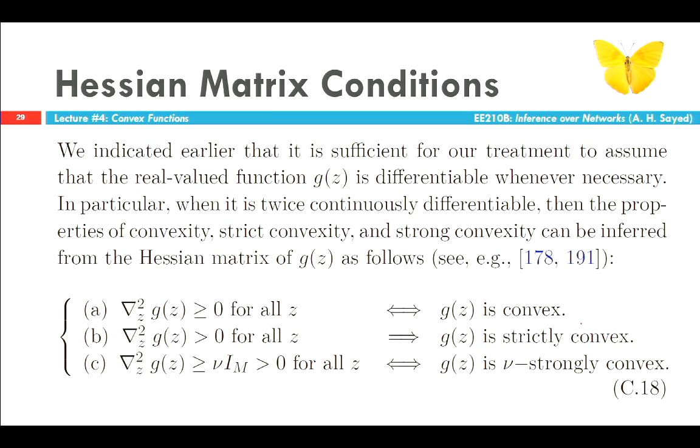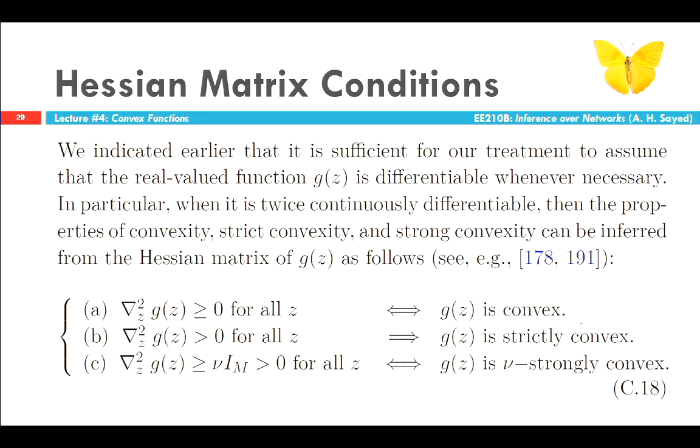You are essentially saying the Hessian matrix is bounded from below, so if you need to invert it, for example, it is invertible. It's not the case in the first situation.